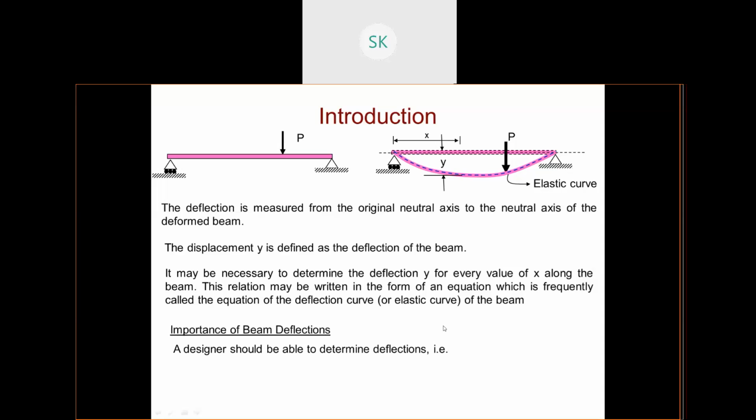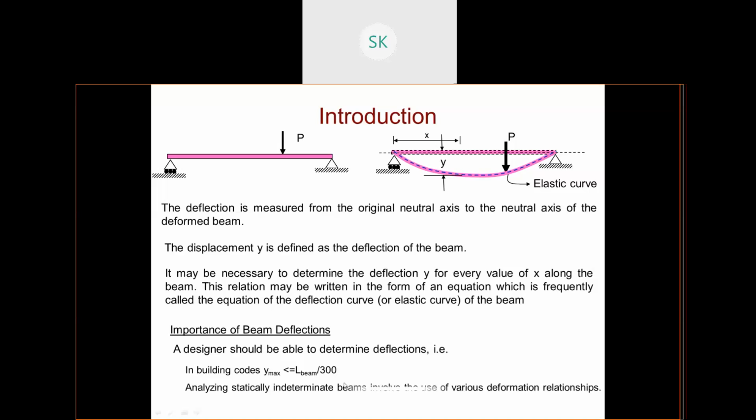Now, what is the importance of beam deflection? A designer should be able to determine deflection, as required in building codes. This is the criterion. You have gone through, I guess, IS 456 for design purposes. It is a very important IS code you will require in your whole life if you remain in the design field.